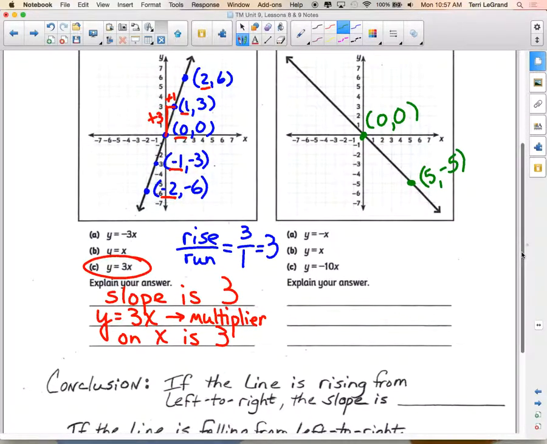This time, I'm going to be crazy and go down. I'm going to let the top point be the one in charge. I'm going to go down 5, so rise is going to be negative 5. And the run, I have to go to the right 5 units, plus 5.